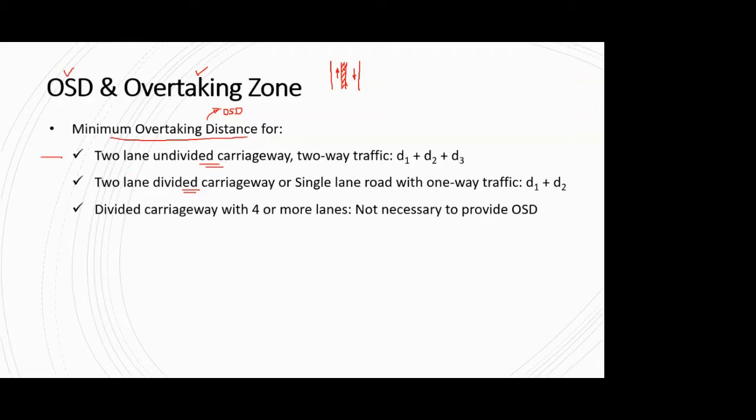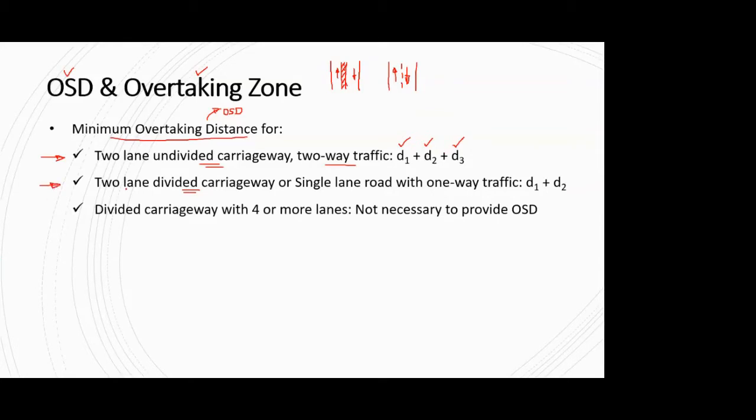Now coming to the first point, if you have a two-lane undivided carriageway, you just have a road marking and two-way traffic, up and down direction both, and it's undivided. In that case, your OSD value will consider all three components: D1, related to the reaction time; D2, related to the actual overtaking operation; and D3, the component related to the oncoming vehicle in the opposite direction.